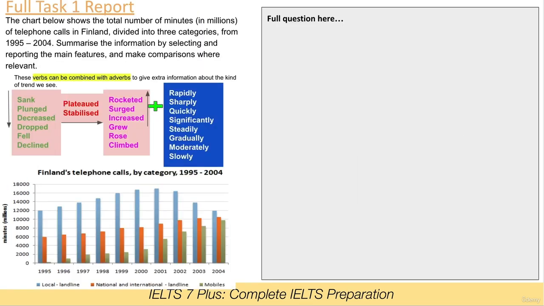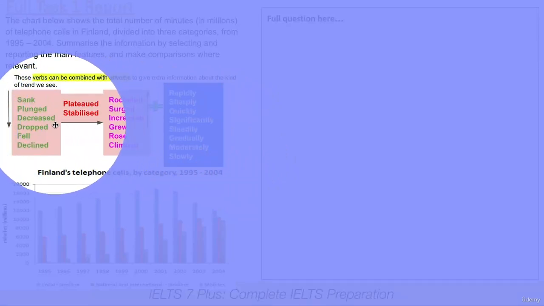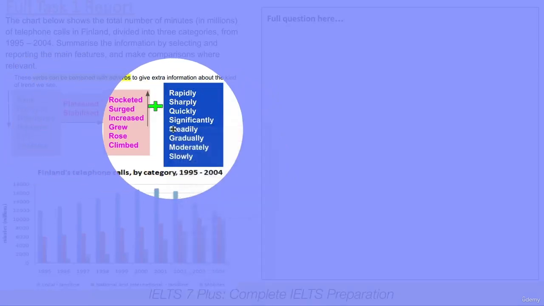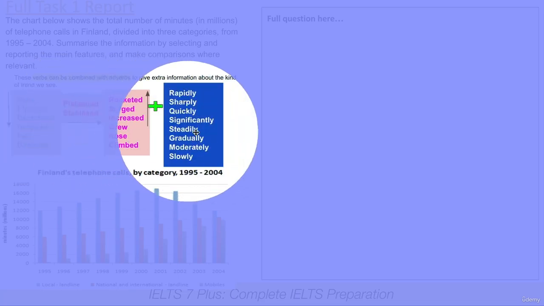So, okay, now we have the question again. We of course have the data, and as with last time, we have this nice graphic to show us that we can in fact include all of these words here. So welcome to include these to really boost your writing.